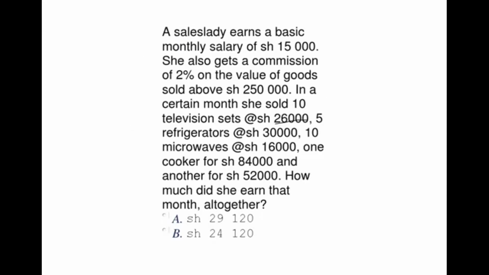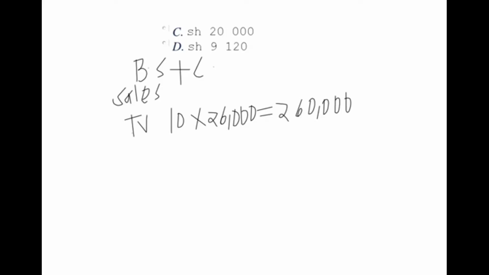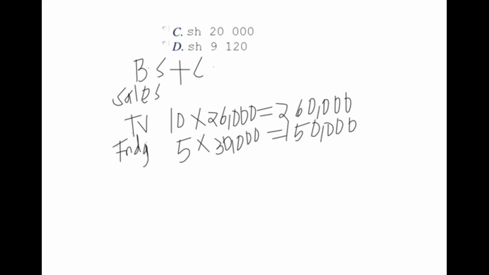Next we have 5 refrigerators for 30,000 each. So fridge we have 5 for 30,000 shillings each. This gives us 5 times 3 is 15. It will give us 150,000.